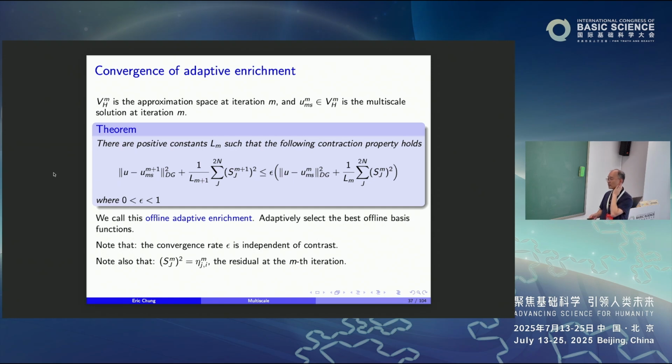And this epsilon is independent of the coefficient of the equation. It only depends on some other generic parameters. But the important point is that it is independent of the coefficient. And again, this means that this type of iteration will be convergent independent of the oscillations and contrast in the coefficient.